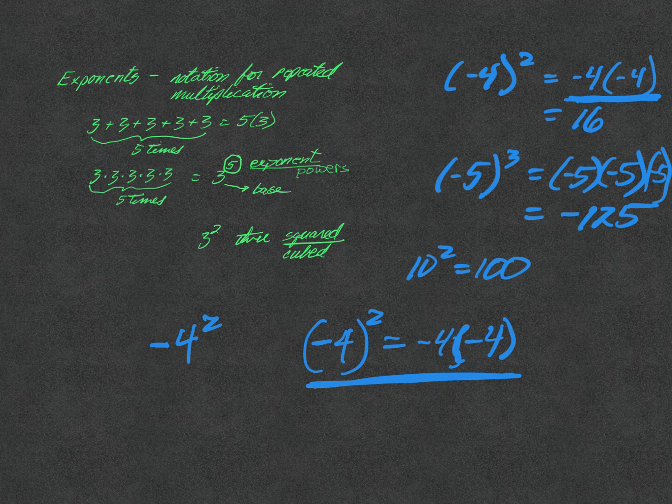If you want the negative of something squared, in other words, the opposite of 4 squared, that's this one here on the left. And that would be the opposite of 4 times 4. Now, you have to understand that this negative here is understood to be the negative of 4 squared, where the exponent is inside the parentheses and the negative is outside the exponent.